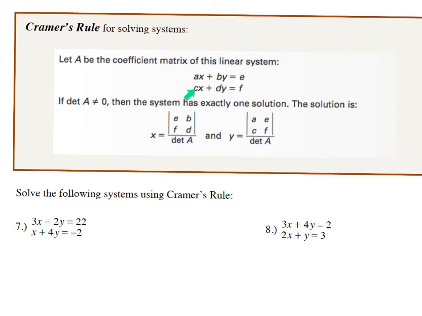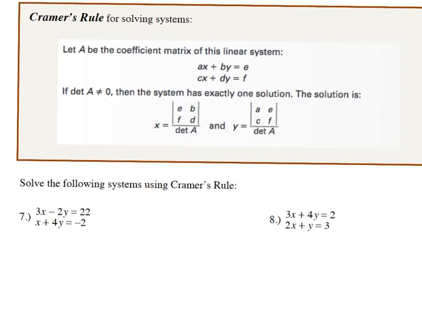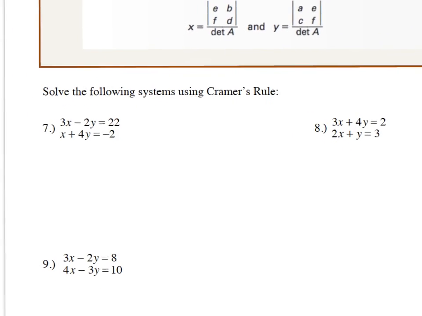So instead of A and C, we're going to replace those with E and F. And B and D, the coefficients of y, will stay in that determinant matrix. And then over here for y, vice versa, you're going to replace your coefficients B and D with E and F, and the x coefficients will stay the same that time. So that's pretty much how Cramer's rule works.